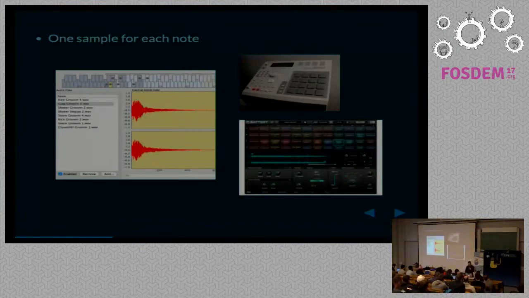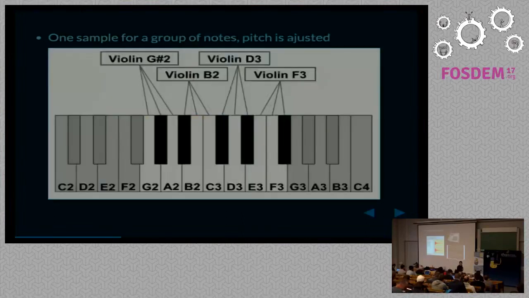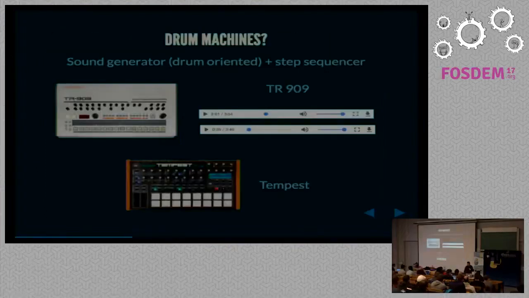When you see finger drumming, this pad, for example, is meant to do that originally. And you can have a mix between the two, where a note has a sample, and for example, I start from G2, and from G2 to B2, it will be the same sample but pitch adjusted.